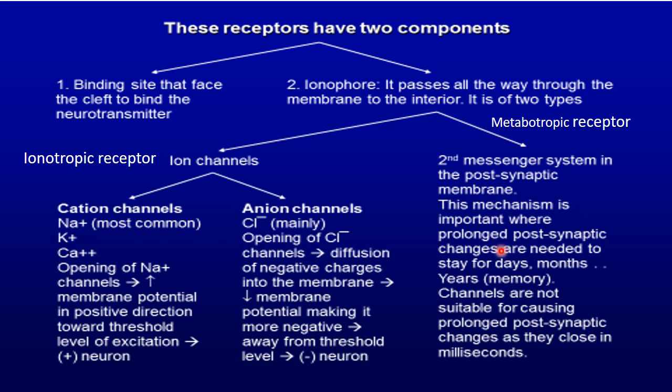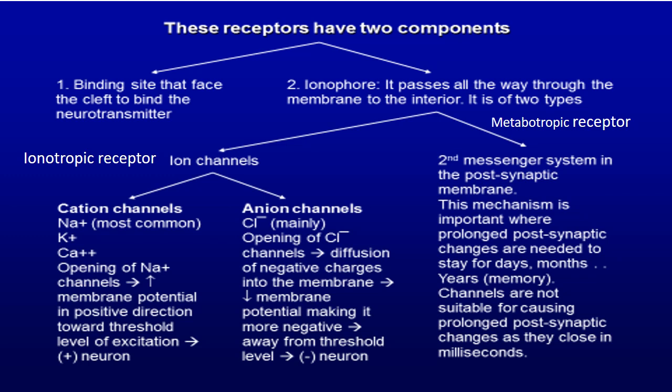The cationic channels may open if a neurotransmitter binds and opens sodium, potassium or calcium channels, so these are three positive ions. Opening of sodium channels increases the membrane potential towards the positive direction, meaning the threshold level is reached and excitation of the neuron is going to occur.